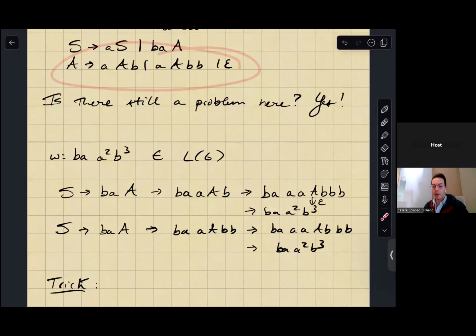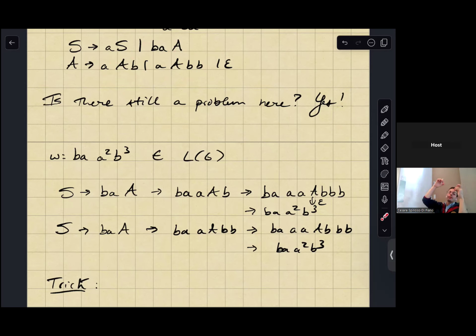The trick here is, if you have something where you can either use the first production rule or the second production rule, and these can be interchangeable, then the trick is to create two levels. You split the logic into two levels, where you have to use the first derivation rule at the first level, and then the second derivation rule at the second level.